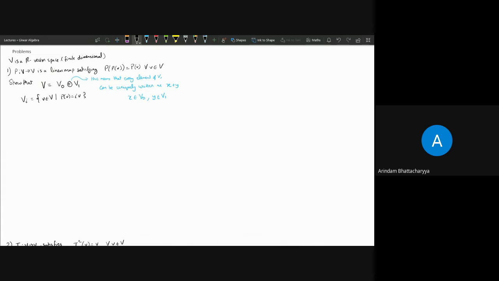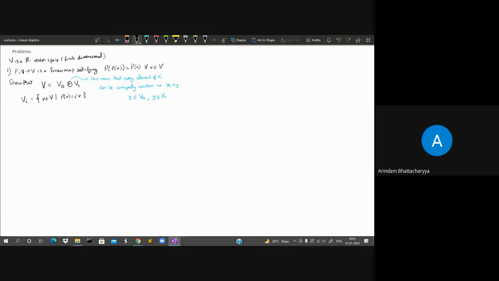Could you give 2-3 minutes more just for this problem? Yeah, sure. The problem statement is clear, right? Let me zoom a bit. Yeah, it's clear.